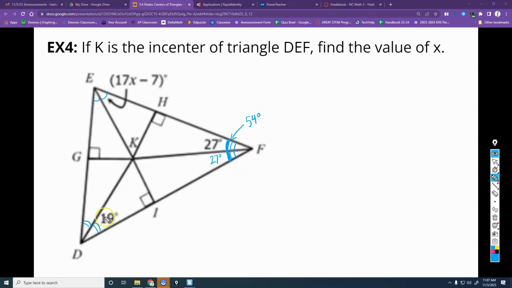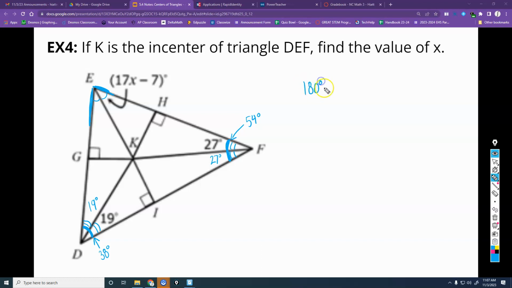And if this is 19 down here, then this angle right here is also 19, meaning that this whole angle right here is going to be 38 degrees. So how could I find this angle right here, GEF, that whole angle in this corner? They add up to 180, right?